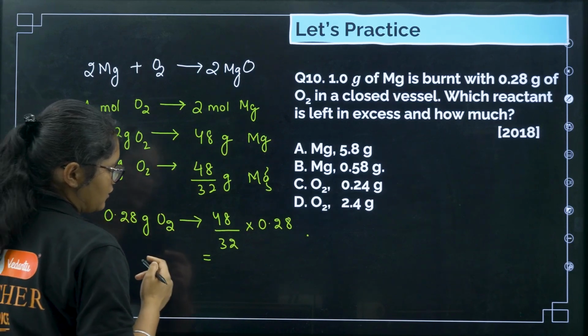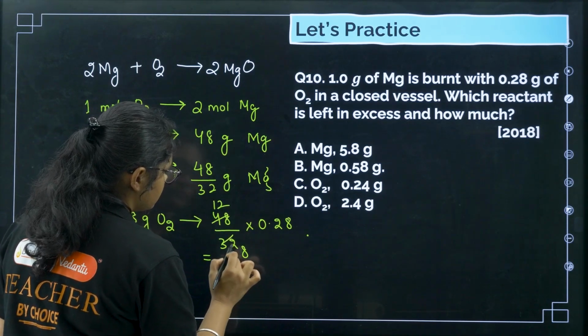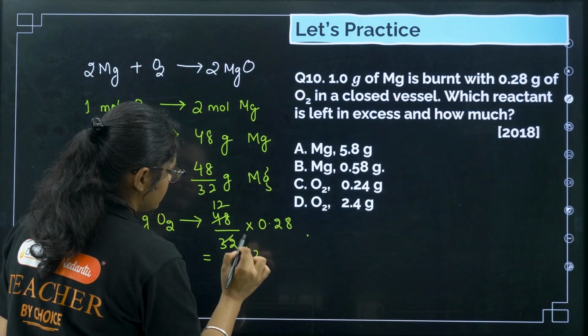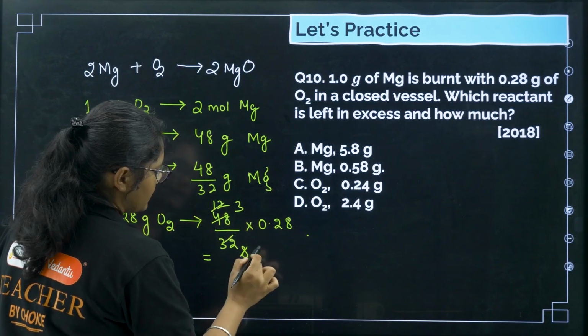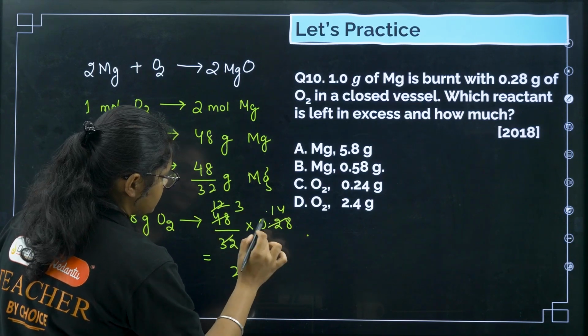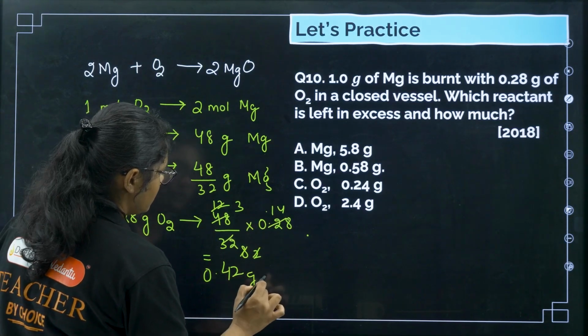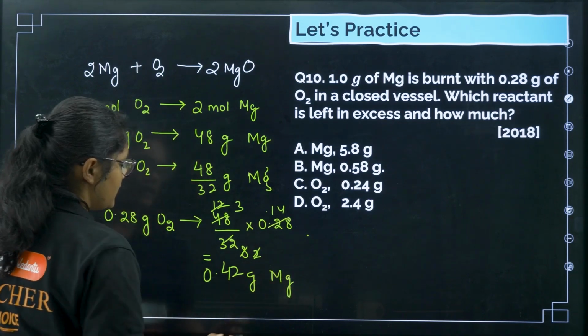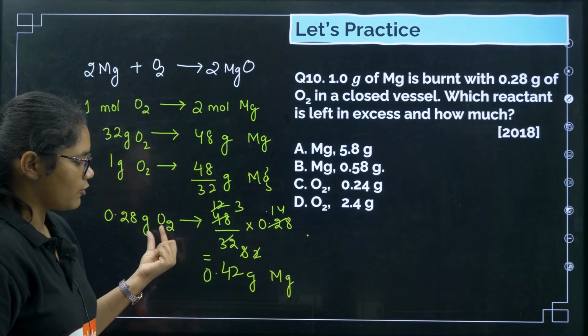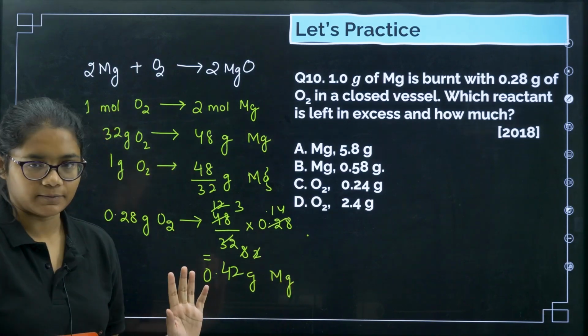We calculate and get 0.42 grams of magnesium, right? So 0.28 gram of oxygen requires only 0.42 gram of magnesium, right?